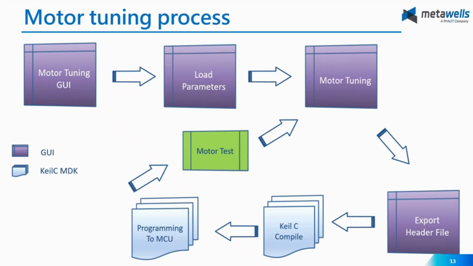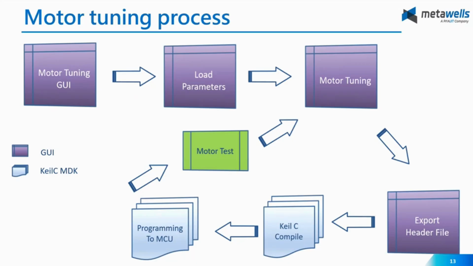And the third step, motor tuning. We input some parameters to fine-tune the system, adjusting parameters like PI gains to optimize speed and torque control. After motor tuning, we export a header file.